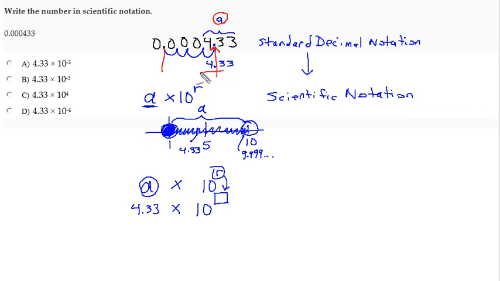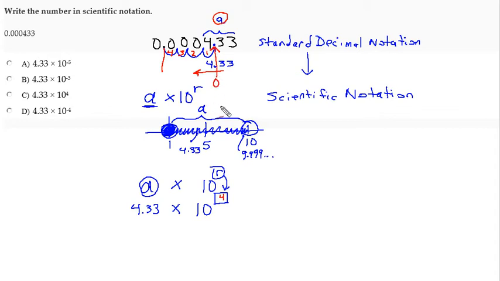How many times would we have to move it to get the original standard notation number back? And we count the number of hops that we made to create the a number. So let's count back to where we came from: 1, 2, 3, 4. The number of times we have to move this decimal back to create the original number is 4 times.